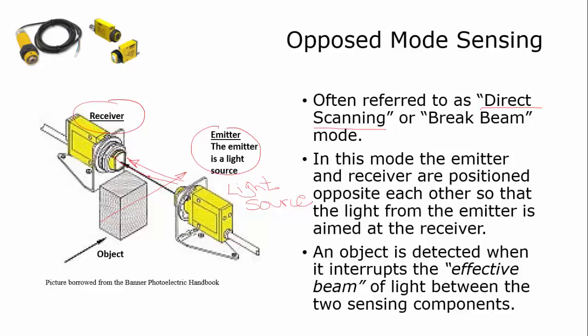You've probably seen these when you walk into a store. Sometimes they'll have emitter receiver pairs on each side of the door. Your garage door opener at home may have opposed mode sensors mounted down toward the base to let the garage door opener know if something is standing in the way and not to operate the door.